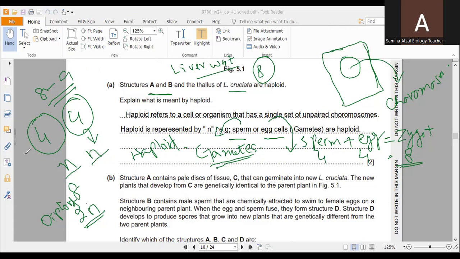So in this way, haploid is half the number of chromosomes or a single set of unpaired chromosomes. So it was all about this. We have to explain only what is haploid, since they have asked what is meant by haploid.